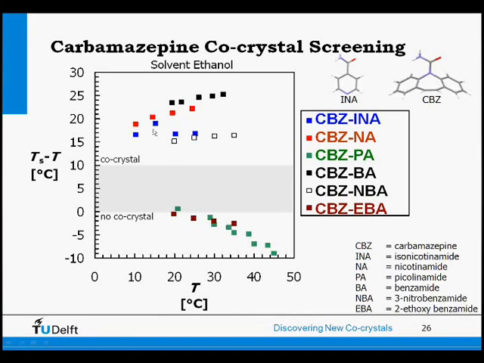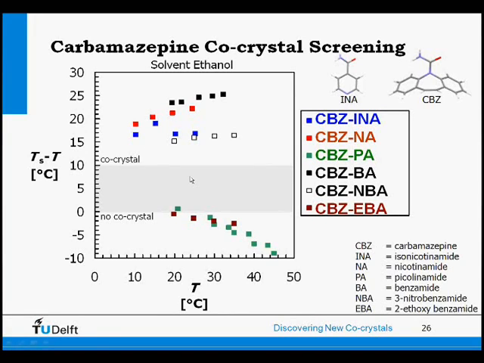And that is true not only for carbamazepine with isonicotinamide, but also with nicotinamide, that's the red points, with nitrobenzamide, that's the squares, and benzamide, that's the black squares.